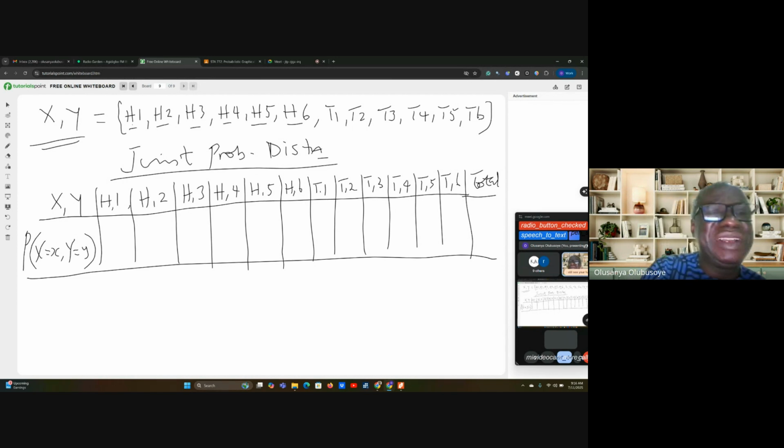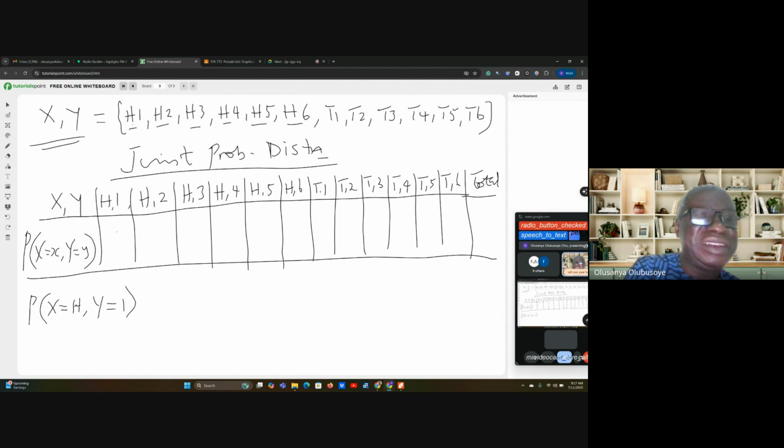Anytime I want the probability of the coin showing head and the die showing 1, I will write it as probability of the coin, represented by random variable X, showing head, and the die showing 1.